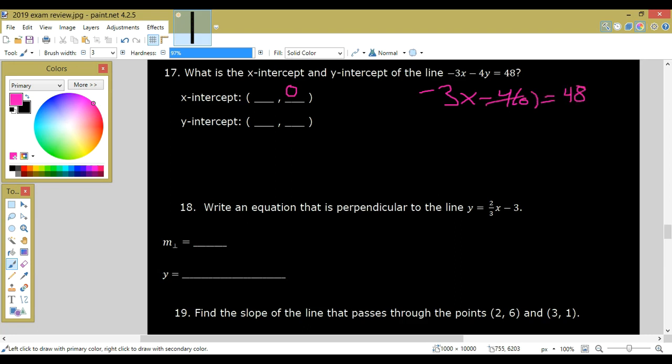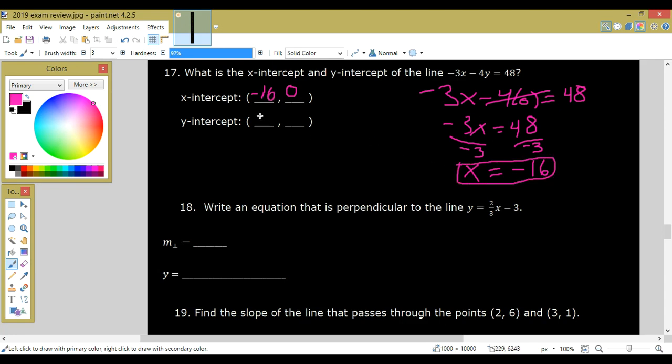And we don't even have to write this part. Just have negative 3x equals 48. Divide each term by negative 3 to get your x. So 1x equals negative 16. So negative 16 comma 0 is your x-intercept.